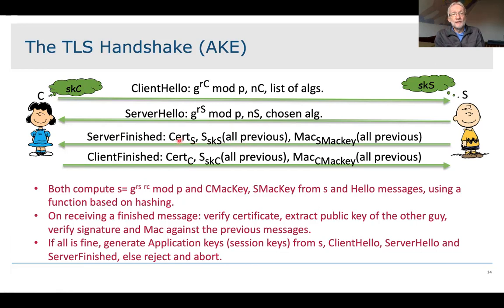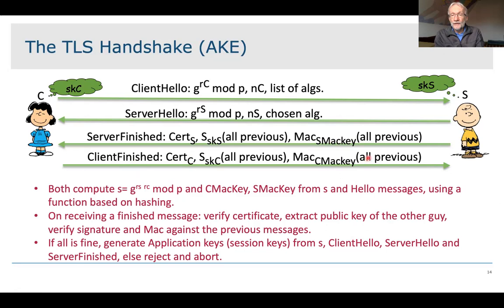There's a certificate of the server, the signature from the server on all previous messages, and a MAC on all previous messages as well, using this server MAC key, which you generate from the Diffie-Hellman shared secret, which you can compute at this point, and also the nonces and so on. The client will reply if it's happy about the certificate, signature and MAC. It will reply with its own certificate, its signature, and its MAC computed also on all previous messages.